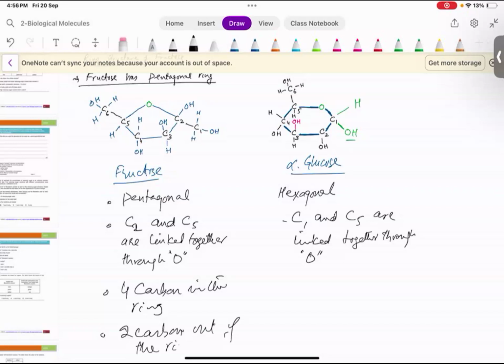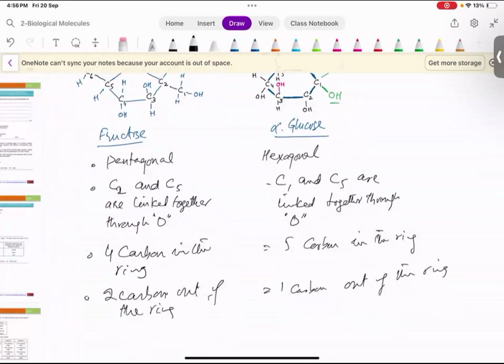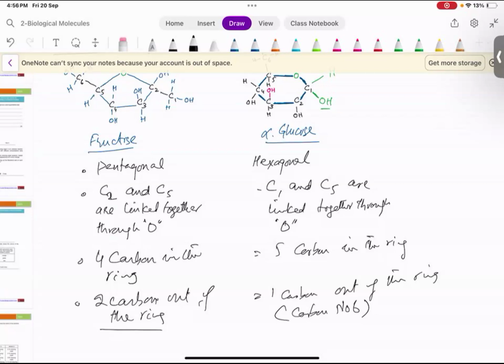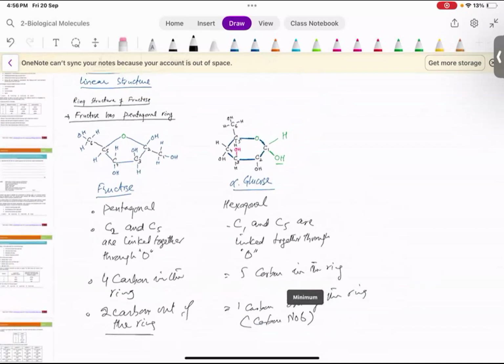And in this case, there are 5 carbon in the ring and 1 carbon out of the ring. And which one is that? In this, carbon number 6 is out of the ring, and in the other, carbon number 1 and carbon number 6 both are out of the ring. Hope you have understood it.